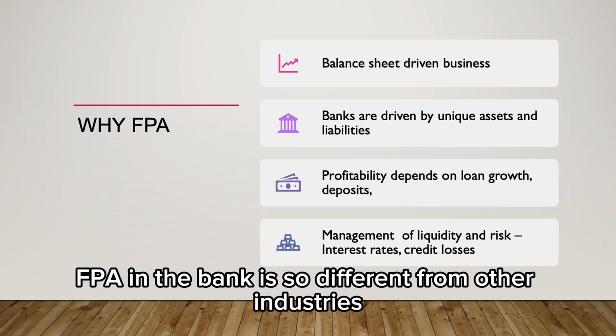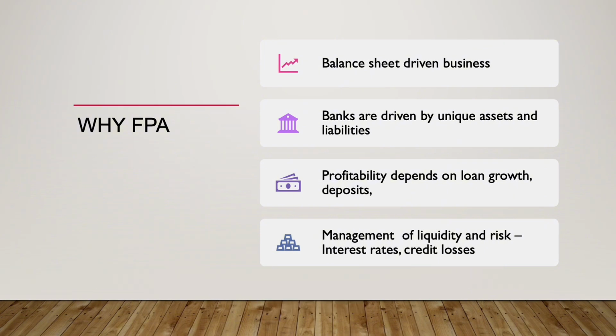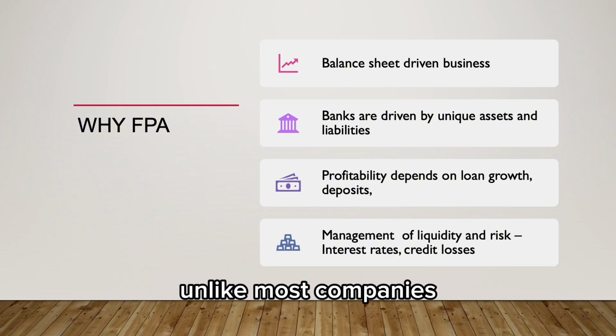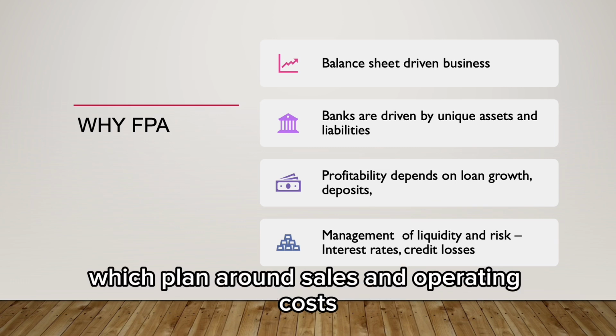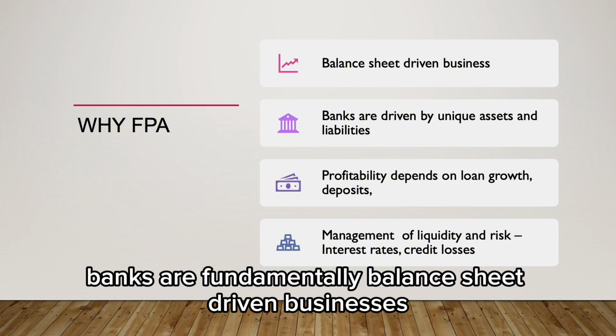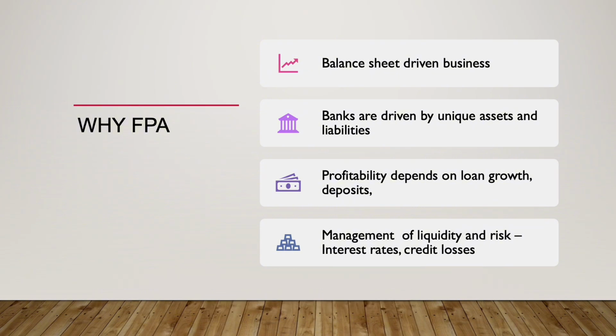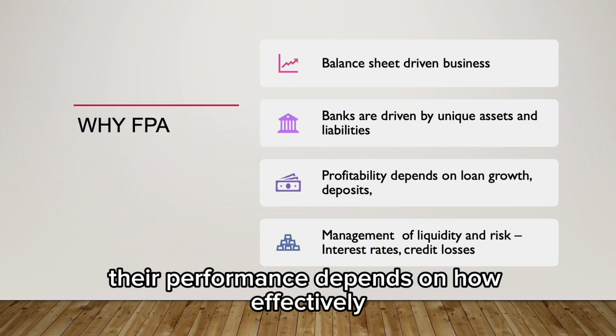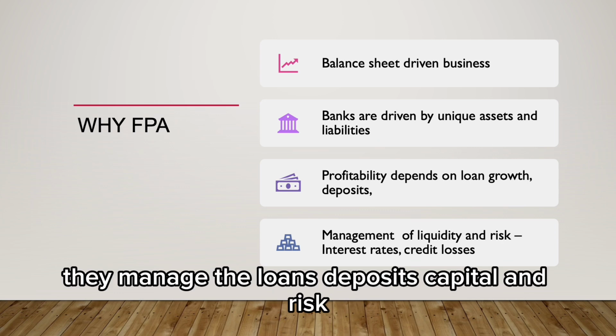Why is FP&A in a bank so different from other industries? Unlike most companies, which plan around sales and operating costs, banks are fundamentally balance sheet driven businesses. Their performance depends on how effectively they manage loans, deposits, capital, and risk.